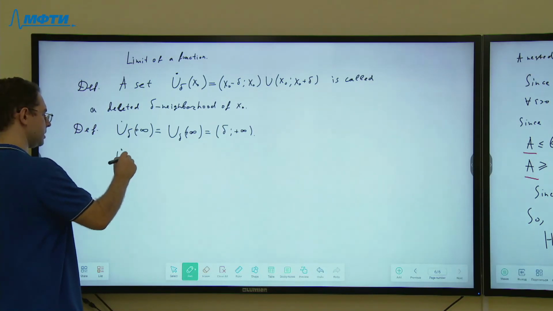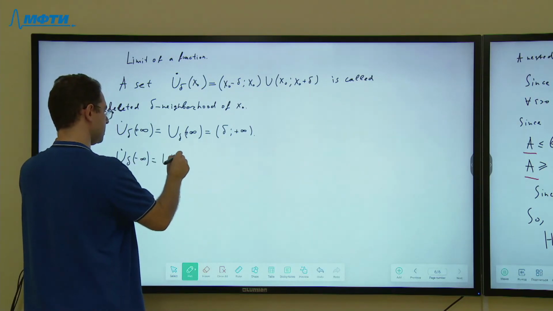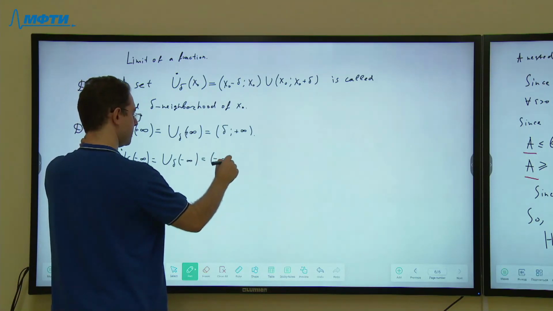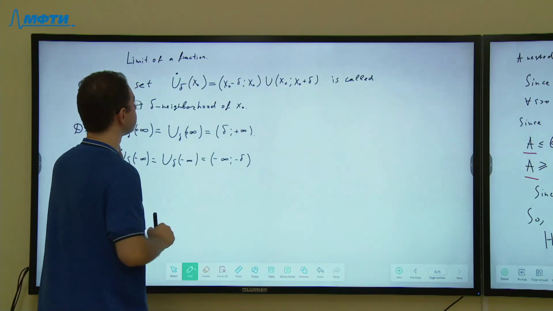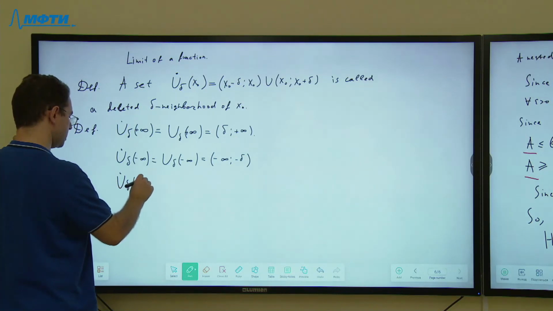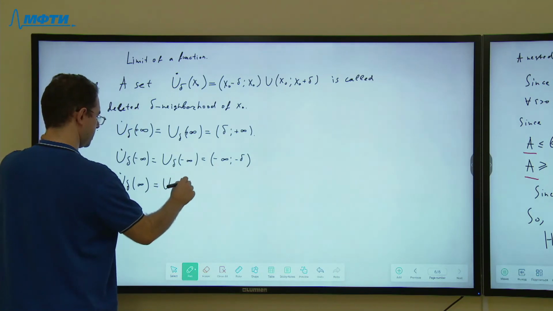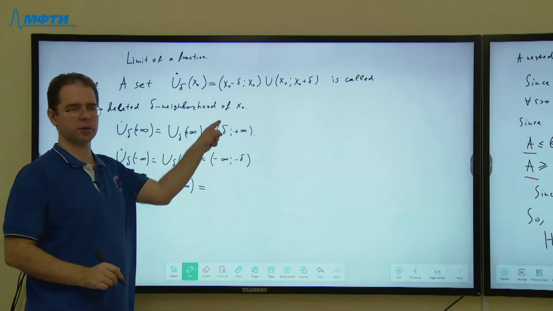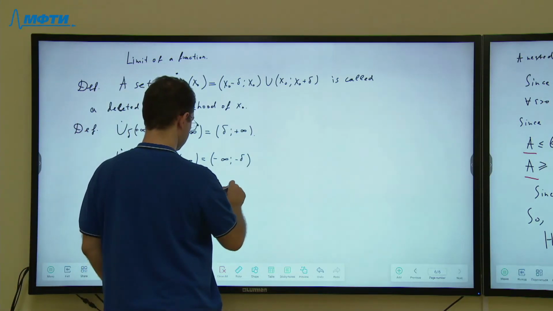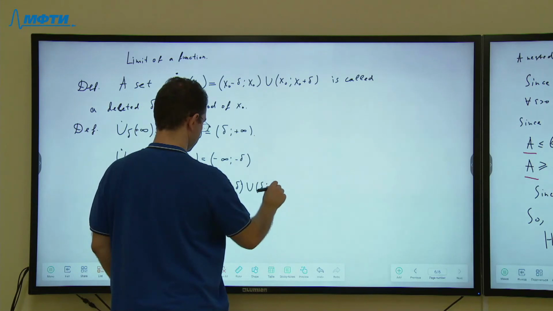A deleted neighborhood of minus infinity is the same as the neighborhood of minus infinity. This is from minus infinity to minus delta. And a deleted neighborhood of infinity without sign is the neighborhood of infinity without sign, which is just a union of the previous two sets: from minus infinity to minus delta, and from delta to plus infinity.